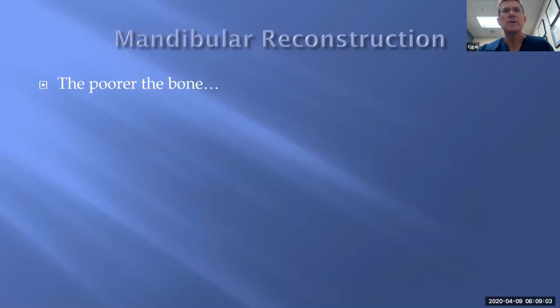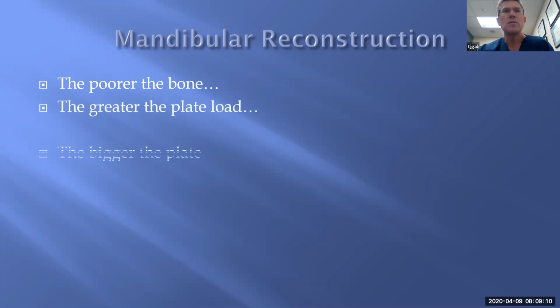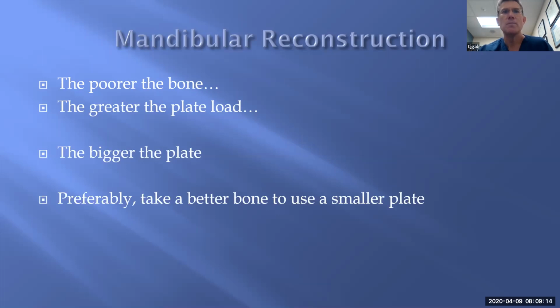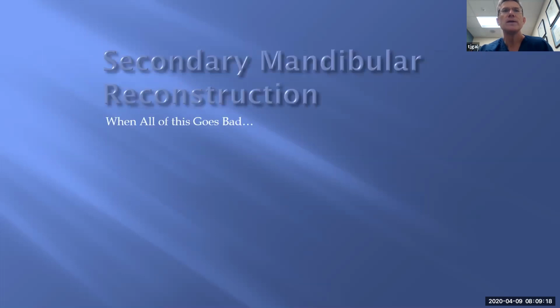So to recap, and we'll get into the issues with secondary reconstruction: the poorer the bone, the greater the plate load, and therefore the bigger the plate. Better yet, use a better bone to use a smaller plate. Okay? So the object today is to talk about secondary mandibular reconstruction when all of this goes bad.